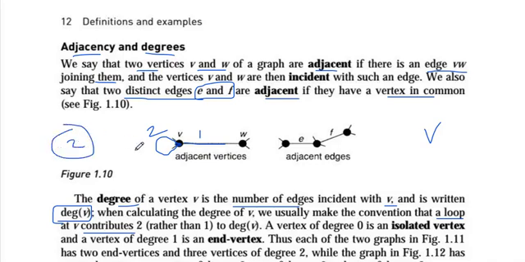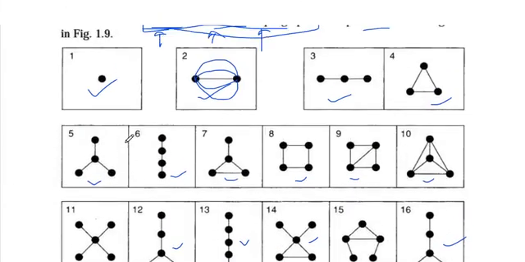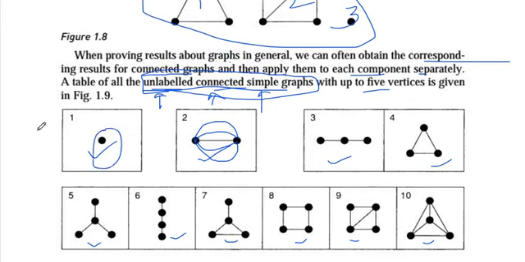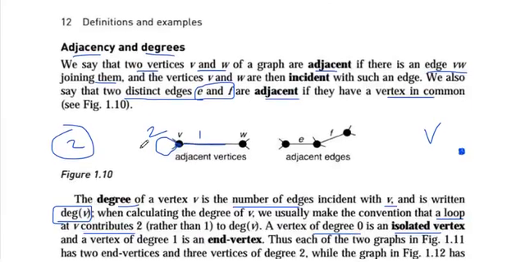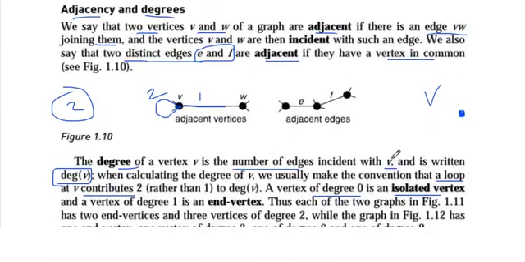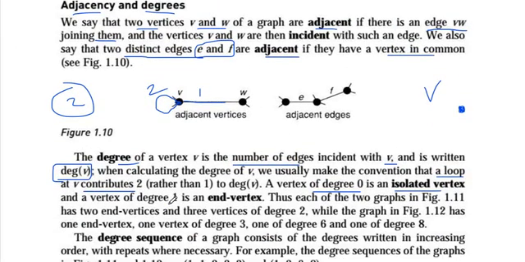So here the degree of V is 2, not 1. We have to count the loop also. And a vertex of degree 0 is called isolated. Like in this first one, no edges are available, so the degree of the vertex is 0. So this type of vertex is called an isolated vertex, and a vertex of degree 1 is an end vertex.